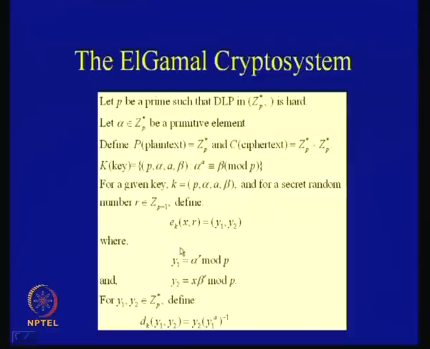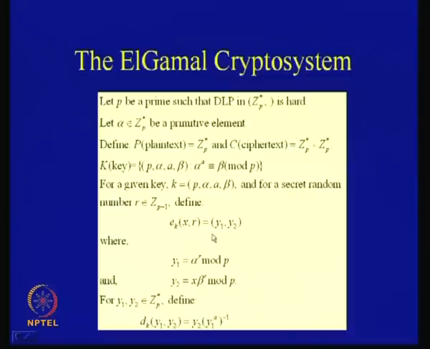So we take x and pair it with a random component called r and obtain the ciphertext y1 and y2. From this statement itself you know that the computation of y1 and y2 depends not only upon the plaintext x, but also upon the random choice r. This means it is not necessary that the same value of x will always get mapped to the same ciphertext. So this algorithm is by definition a randomized algorithm.